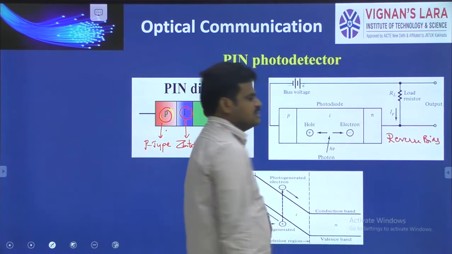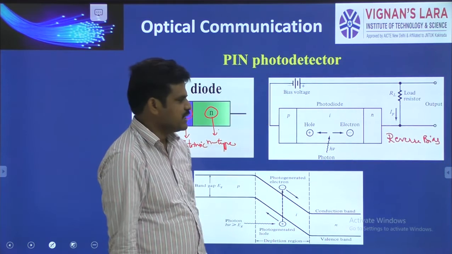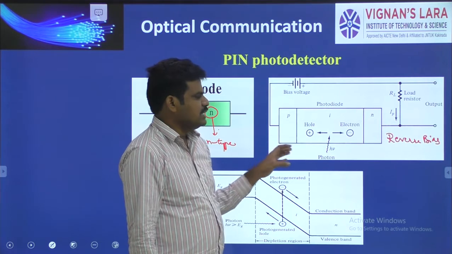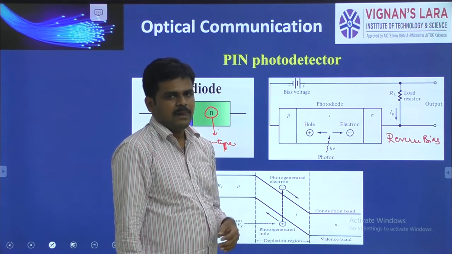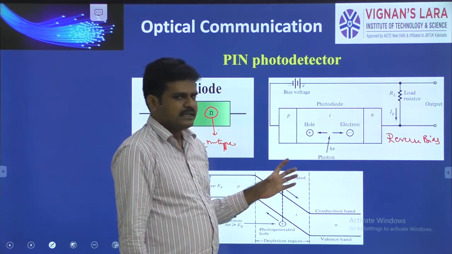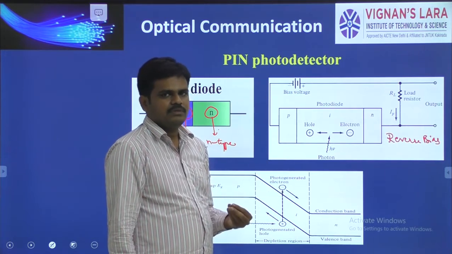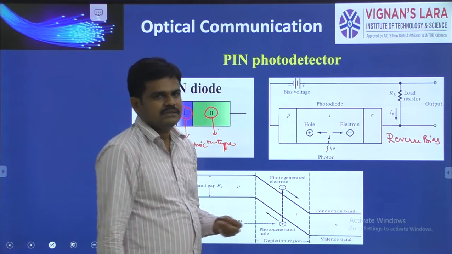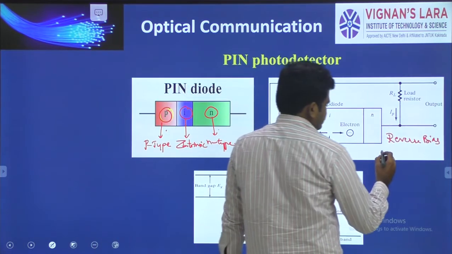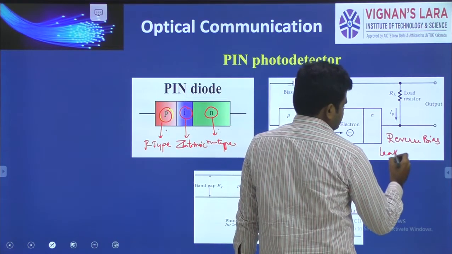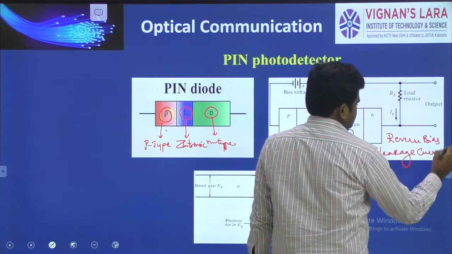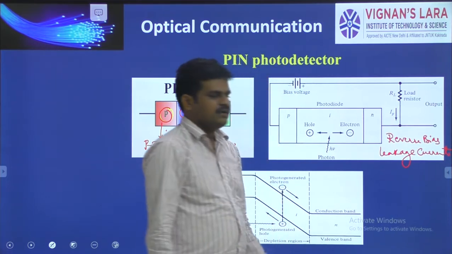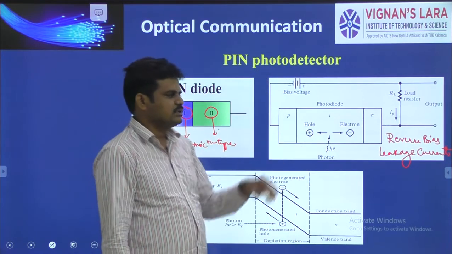Generally this pin diode is always operated in reverse bias. When it is operated in reverse bias, a small amount of leakage current generally flows through the diode.